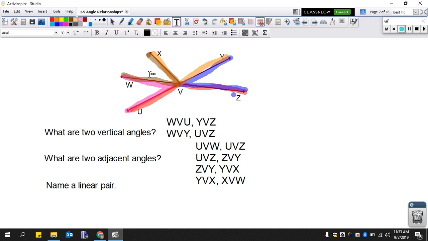All right. Now, the next thing that we're going to talk about are linear pairs. Remember, linear pairs form a straight line. Okay, so along with that, we're going to just look at the straight lines.